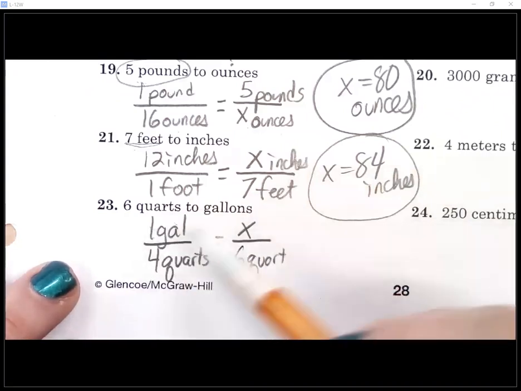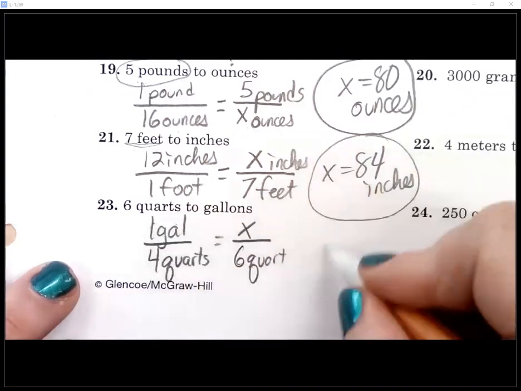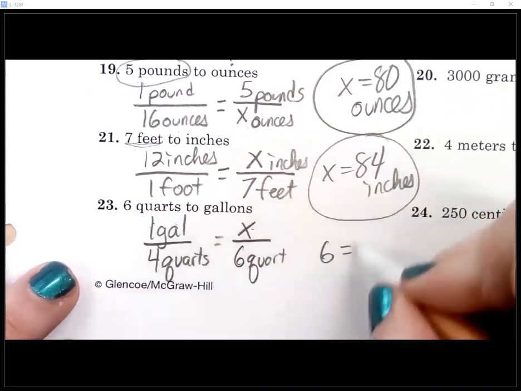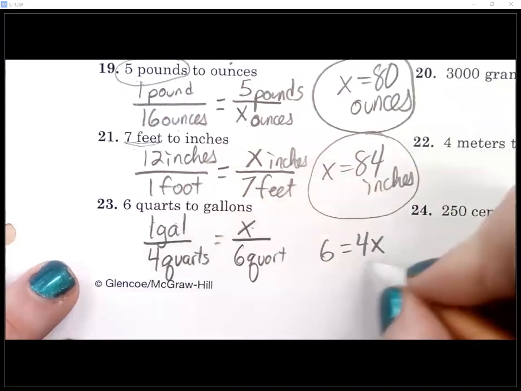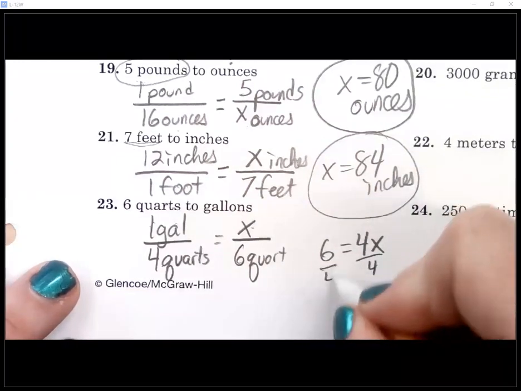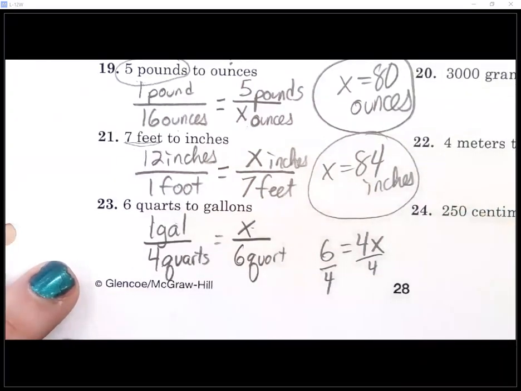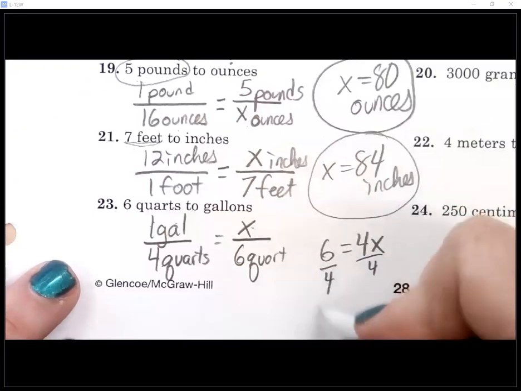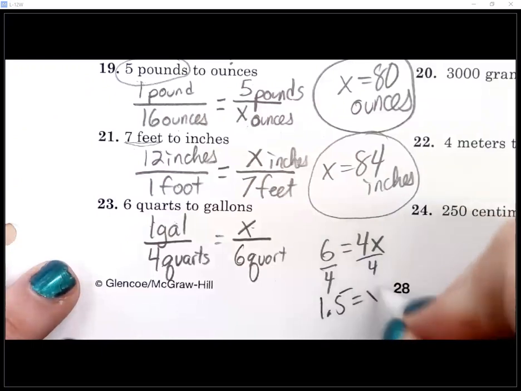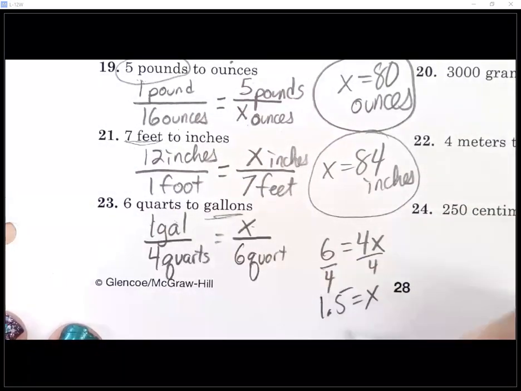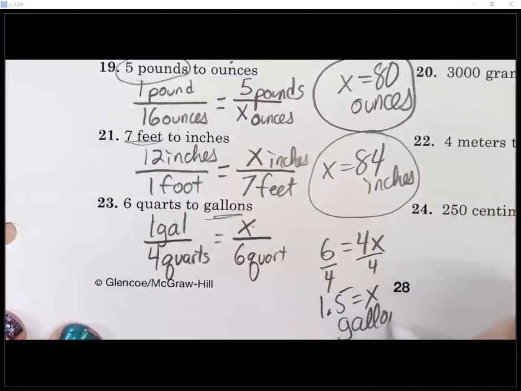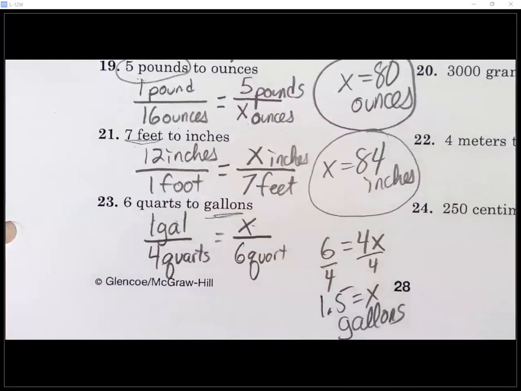So 1 times 6 is 6. 4 times X is 4X. And then I'm going to go ahead and divide both sides by 4. Does that make sense? So I think that's 1.5. 1.5, yeah. And I'm finding gallons, right? So in other words, 6 quarts is 1.5 gallons.